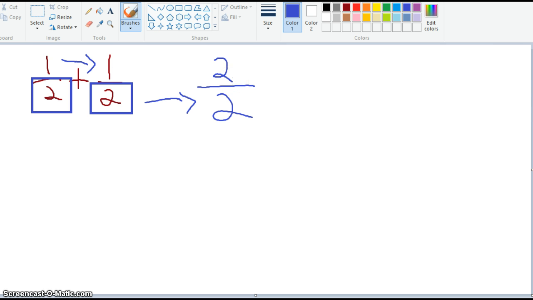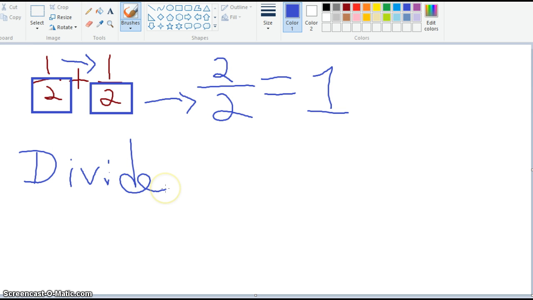And anytime that you have the same number on the top and on the bottom, you basically set it to 1. The reason for that is you can divide the fractions by dividing the bottom into the top. This is a general rule when we're talking about a fraction that has both the numerator and denominator the same.